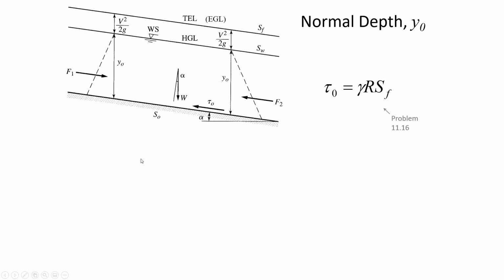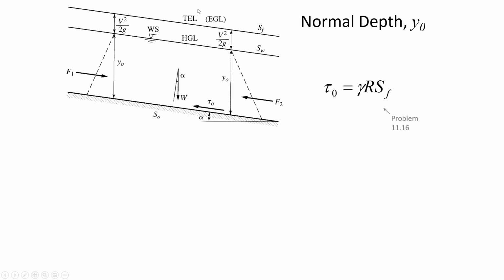This is uniform flow. Uniform flow, just to refresh your memory from fluid mechanics, is that there's no change in depth or velocity in the direction of flow. So the characteristics of normal depth is that the slope of the channel bottom, S0, is equal to the slope of the water surface, SW, and then above the water surface is this imaginary line.